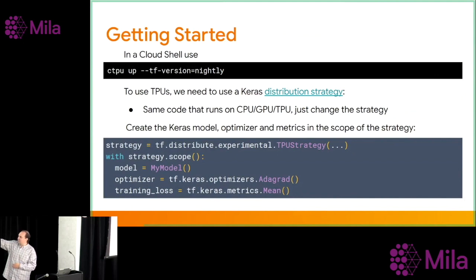But you create one of these objects, as the tutorials online for Cloud show, and the code we showed earlier. Then you create your model, your optimizer, and any metrics you want in the scope of the strategy, and anything you do in this model will run on the TPU.